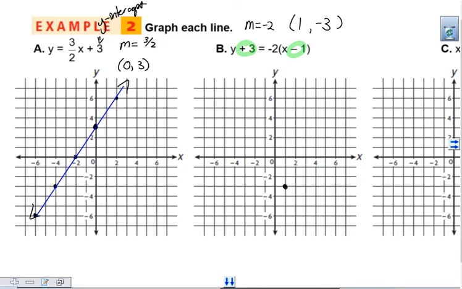Now this slope means that we have a -2 over 1. So that's what we are going to do. We're going to go down 2 and right 1. Down 2, right 1, down 2, right 1. If you need to go the other direction, up 2, left 1.